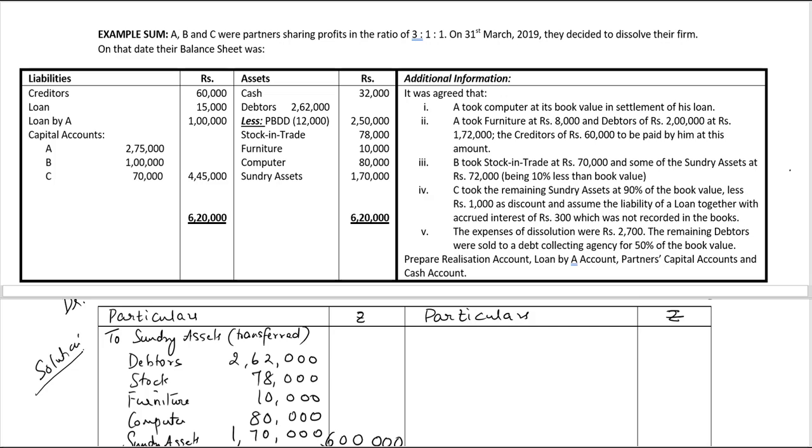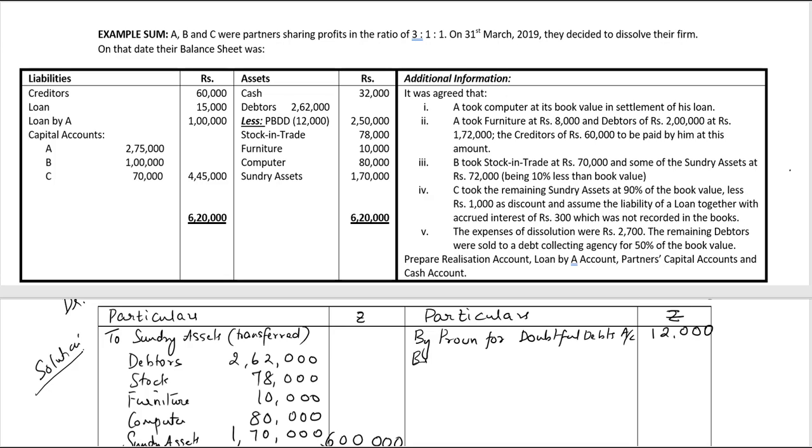Credit side of realization account, we will begin by transferring the provision for doubtful debts. By provision for doubtful debts account, 12,000 rupees.